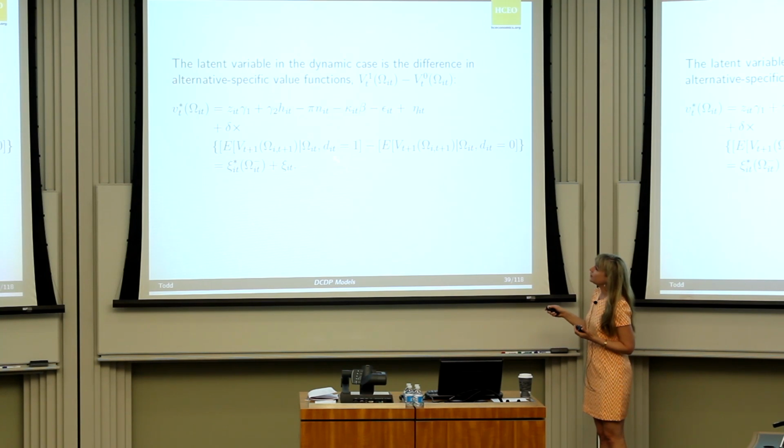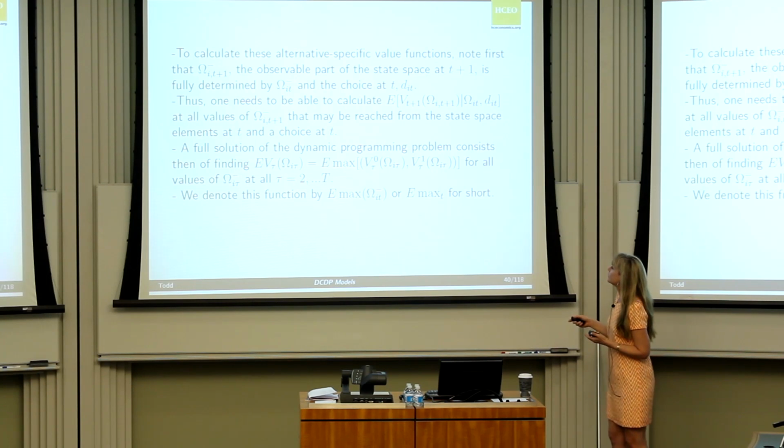So we need to solve for all these things. If we had these, then you could just get the cutoff values, write down the likelihood, and there wouldn't be any problem. So the main complication is we have to solve for these Emaxes.